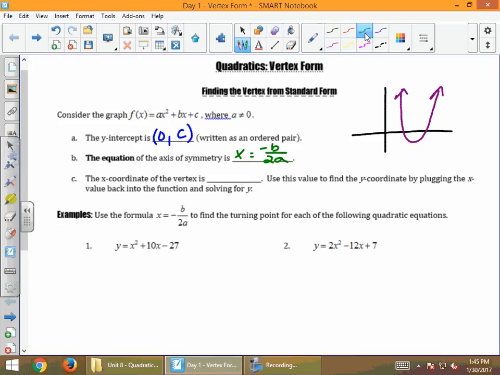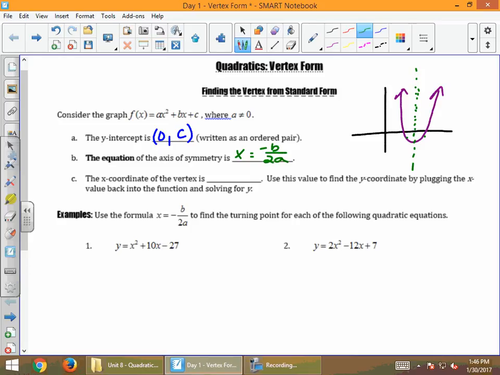The axis of symmetry is just that line, usually graphed with a dotted line, that cuts that parabola right in half. So each point goes right through your vertex, and each point on the opposite side is the same distance. It's kind of like reflecting over that line. Cutting that parabola right in half. And it goes right through the vertex. That's your axis of symmetry.